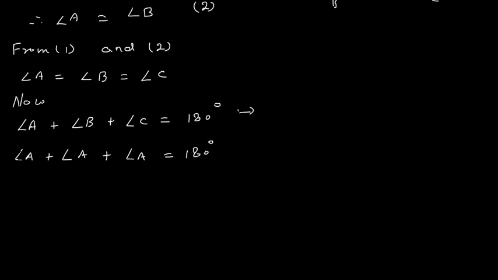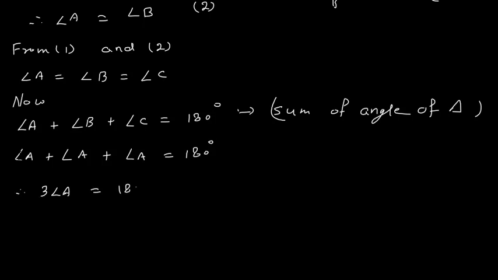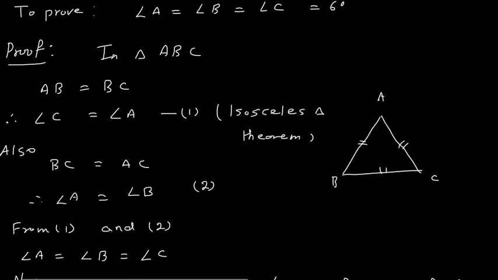The reason I give is the sum of angles of a triangle. Now A plus A plus A is 180, so 3 times angle A is equal to 180 degrees. Therefore angle A is equal to 60 degrees.